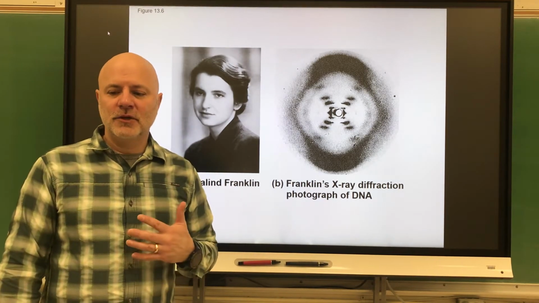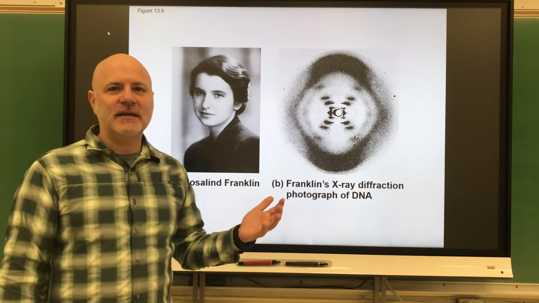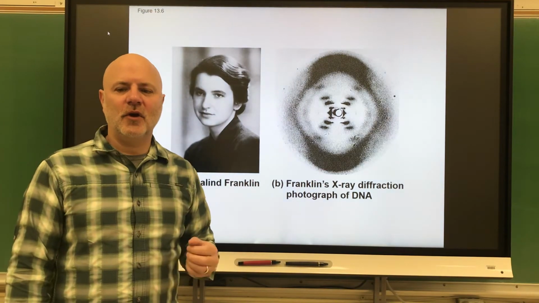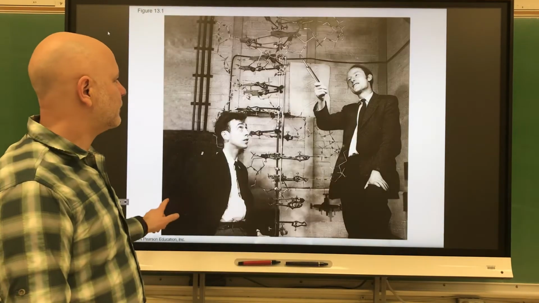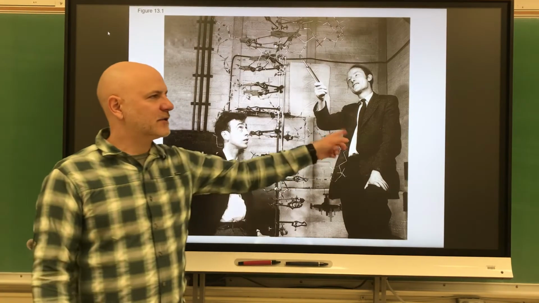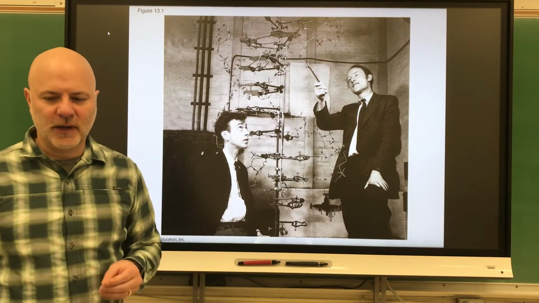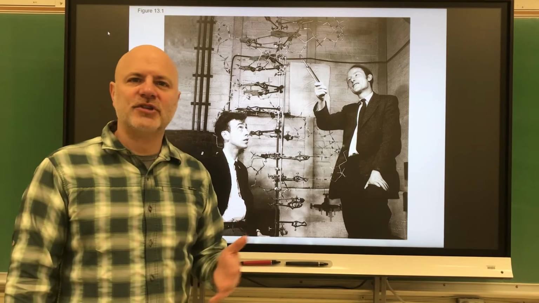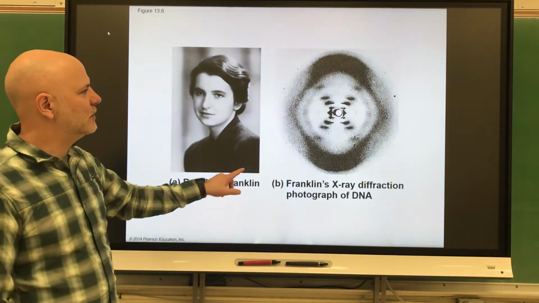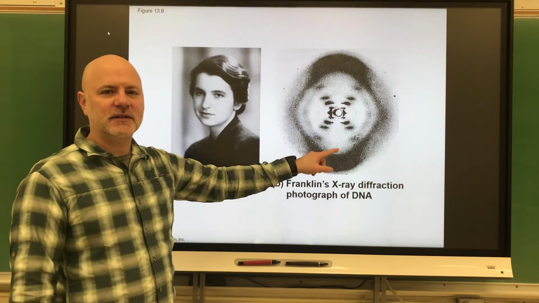All right? So it wasn't until the next guys, using Rosalind's picture here, that they were able to determine the overall shape and structure of DNA. And so these two guys are James Watson here and Francis Crick here, and this was in 1953. So they determined the overall shape and structure of DNA, and as I mentioned, they used this picture of Rosalind Franklin's.